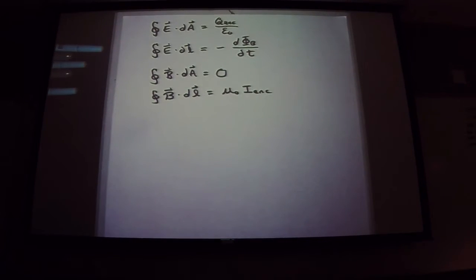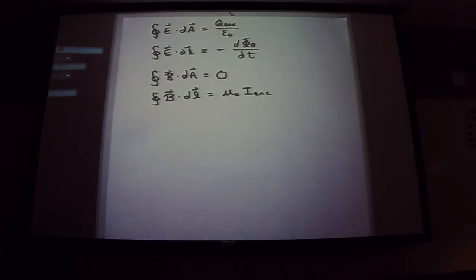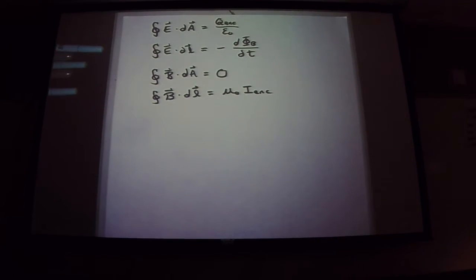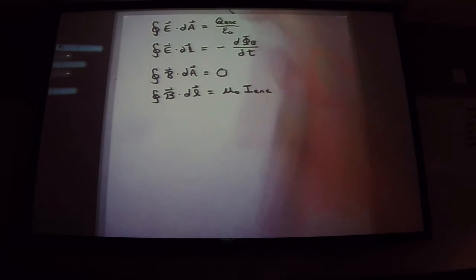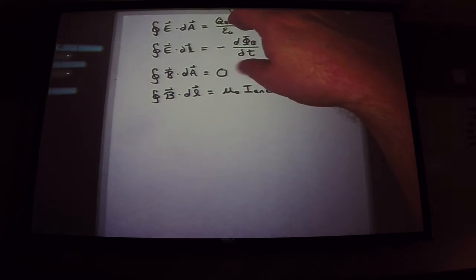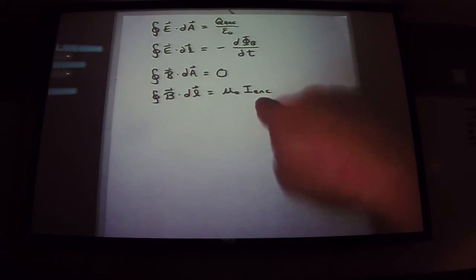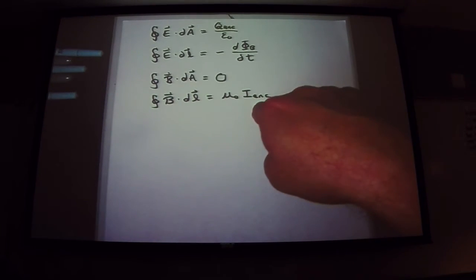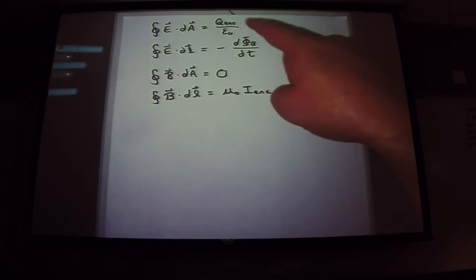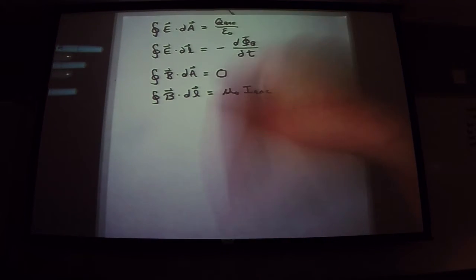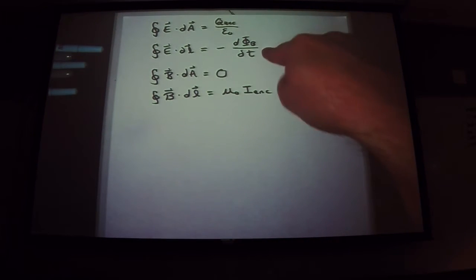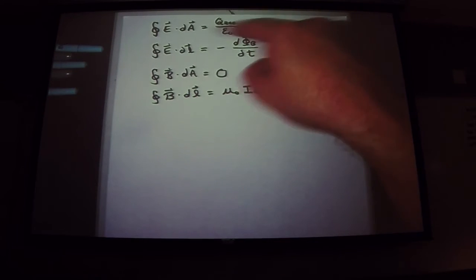There's one thing missing from this. Notice what we have is a source of electric field, charge. Source of magnetic field, current. So far so good, right? We also have changes in magnetic fields creating electric fields.